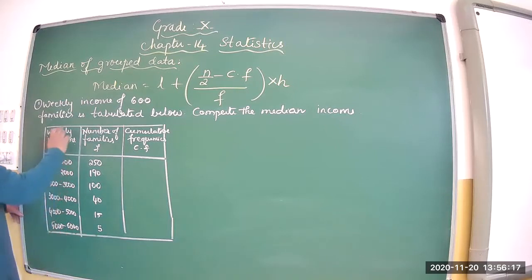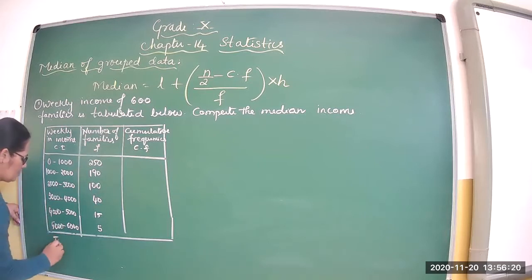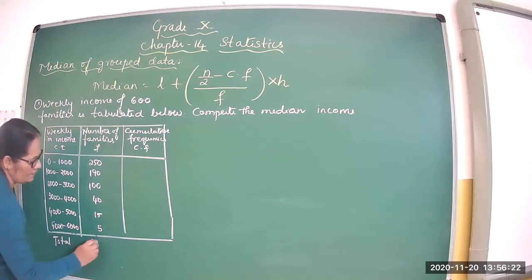So total how many families? 600. So total 600 families.